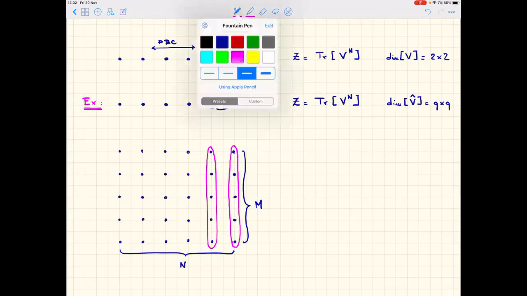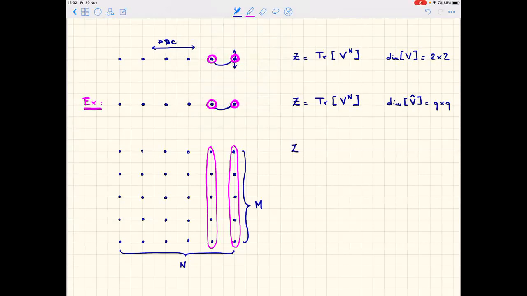So you will still be able, also in this case, to write Z equal to the trace of a certain transfer matrix to the power n. But the main difference is going to be the dimension of the transfer matrix. Now, the dimension of the transfer matrix is going to be the dimension of the phase space of one column. And the phase space of one column has dimension 2 to the power m.